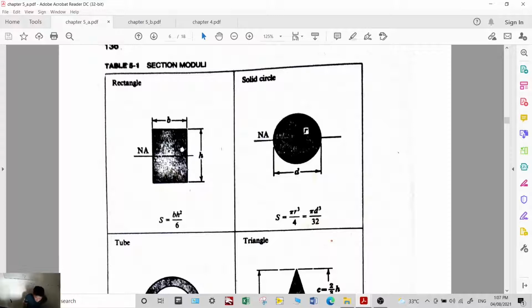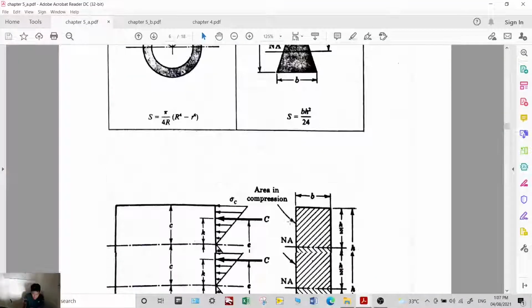Ang Y any point diri sa area nimo. Okay.